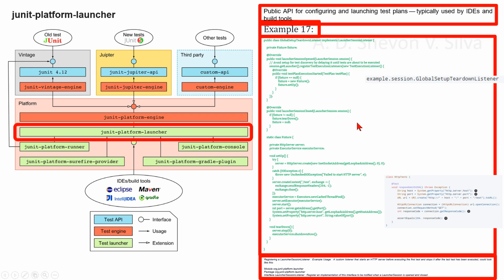A custom listener that starts an HTTP server before executing the first test and stops it after the last test has been executed could look like this. Here, it starts the HTTP server. Export the host address as a system property for consumption by tests.